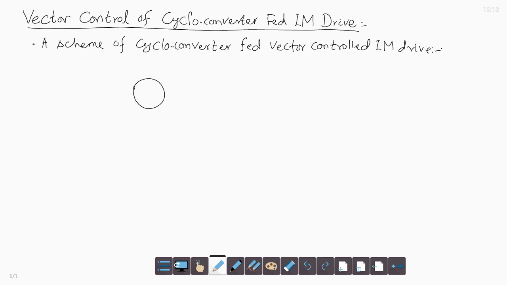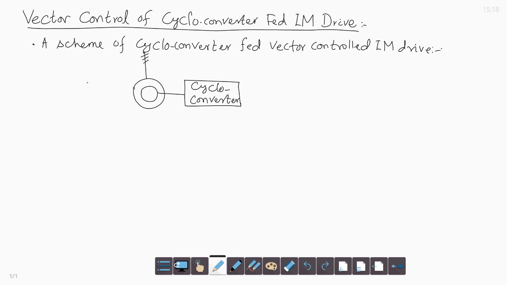So, we have a slip ring induction motor. Let us consider a slip ring induction motor. So, we have a cycloconverter here. So, this is the 3-phase supply.